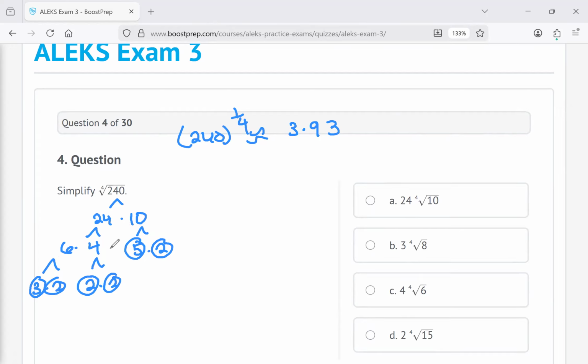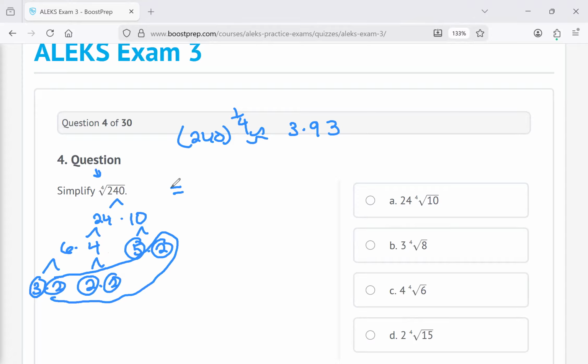Okay. And what we do is we only care about our prime numbers. So you see the numbers I circled? Those are prime numbers, and those are the only thing we care about. And then what we do is, do you see this 4 here? You circle groups of 4. So not the number 4, but a group of 4 of your prime numbers. So do you see a group of 4 of your prime numbers? Yes. I see these twos here, right? Two, two, two, two. There's 4 of them.